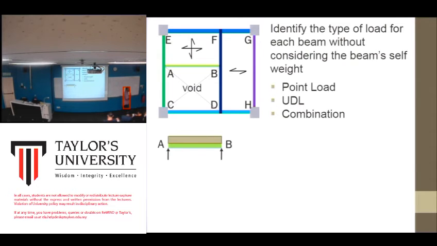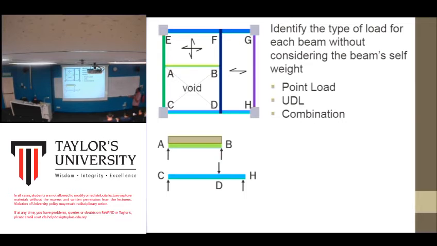Lawrence. UDL is UDL. This one? CDH. Combination. Why? Okay. CDH, because there is one point load.